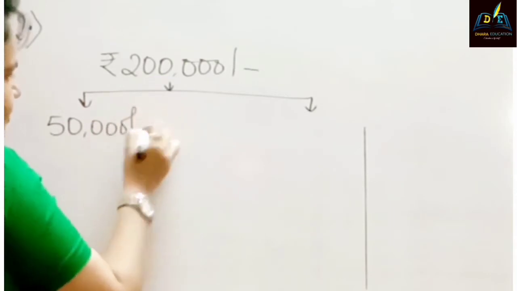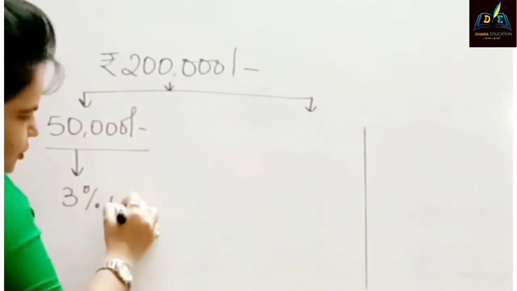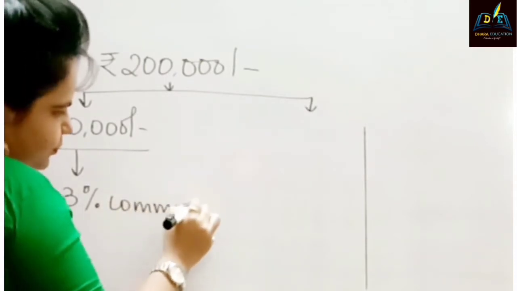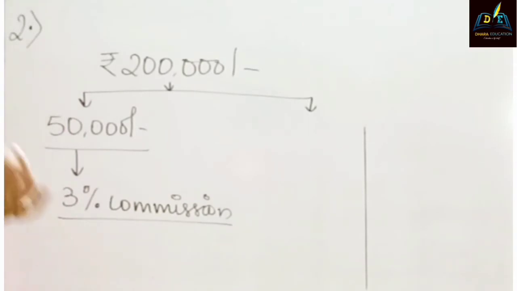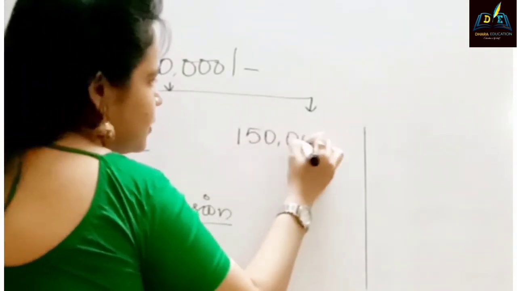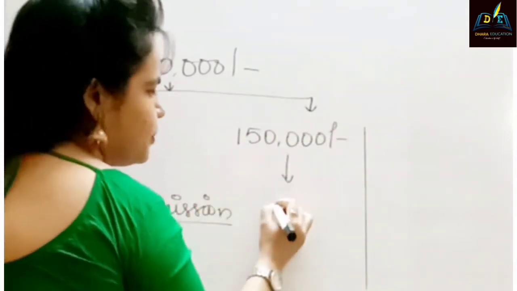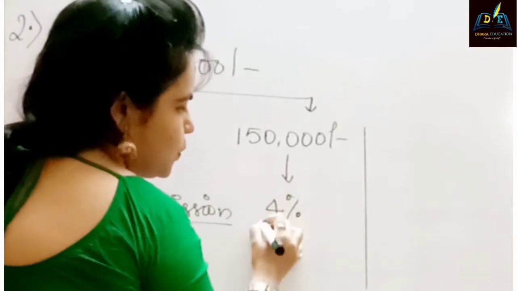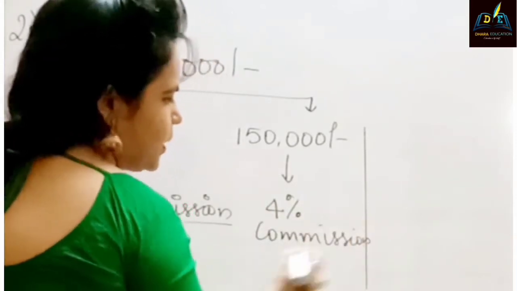We have already taken 50,000, on which he gets 3% commission. But on the remaining 1,50,000 he is going to get 4% commission, which we need to calculate in the coming second part.